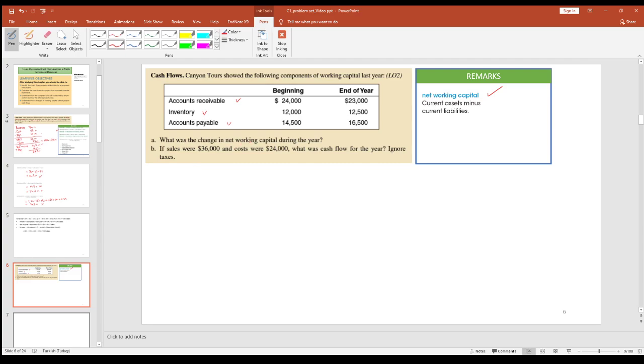So what is asked here? It asks for the change in net working capital.